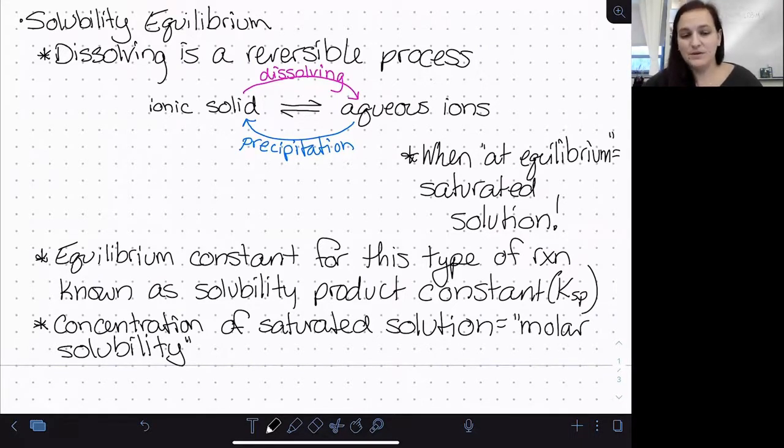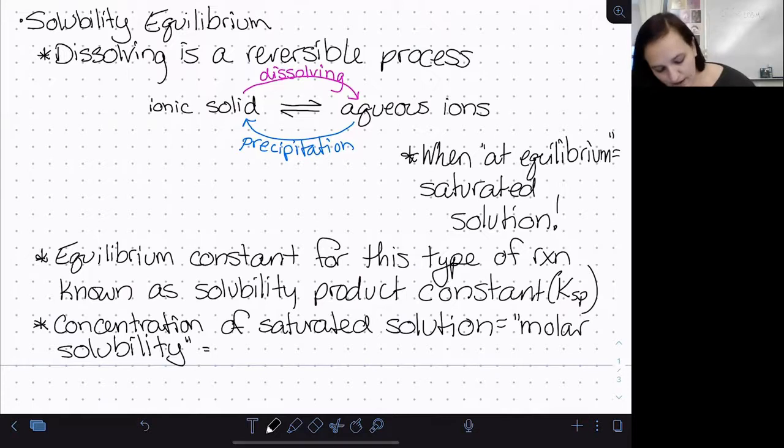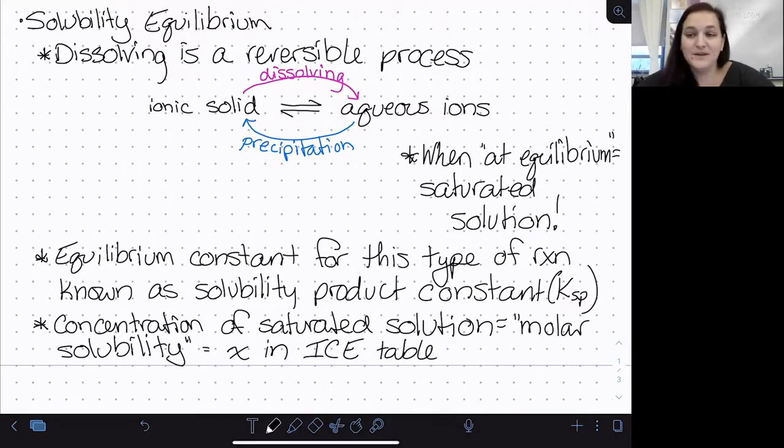If you're thinking about this type of reaction, the molar solubility is something that you often want to calculate, that you want to know: what is the maximum molarity I can have for this? And that is just X in your ice table. So if you're asked for the molar solubility, what you're doing is just solving for X.